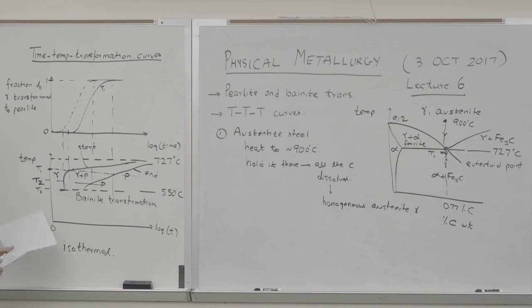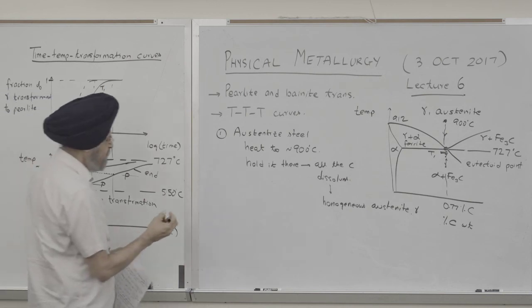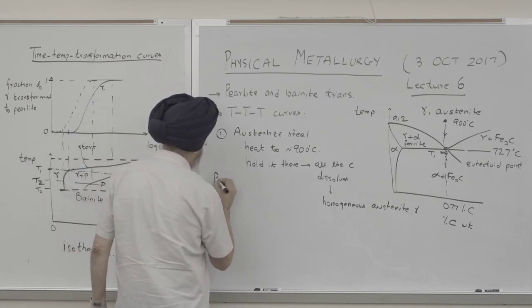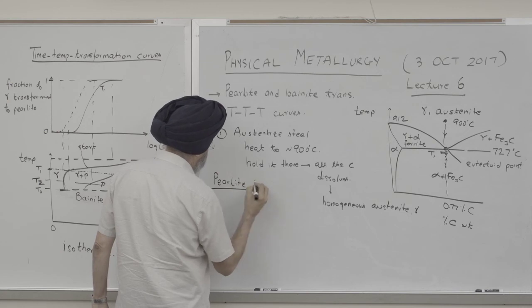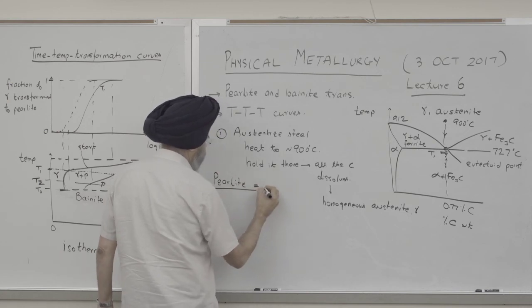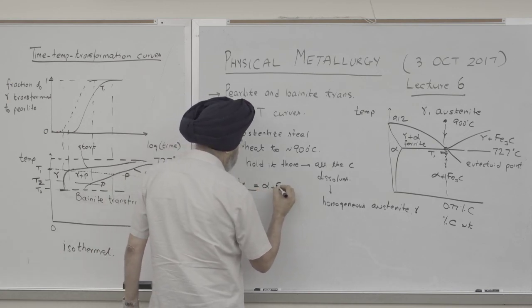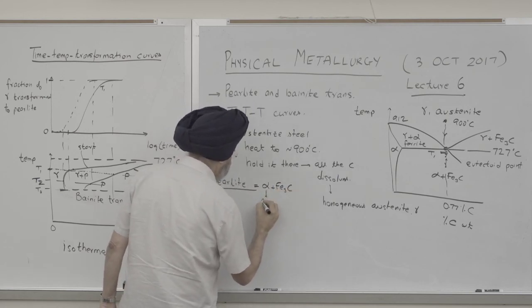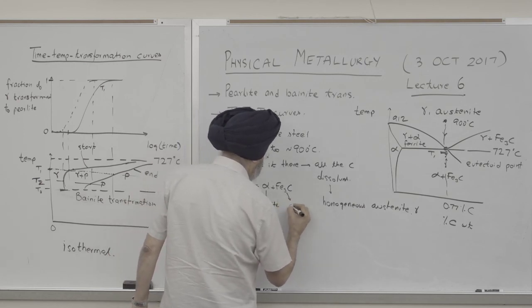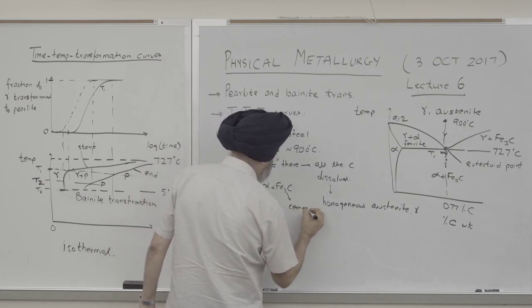And the change is that pearlite, let's just discuss pearlite. Pearlite is a mixture of alpha plus Fe3C. Alpha, we call it ferrite. Fe3C is cementite.